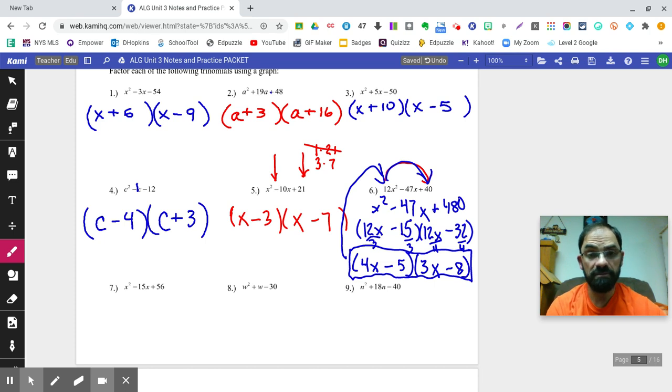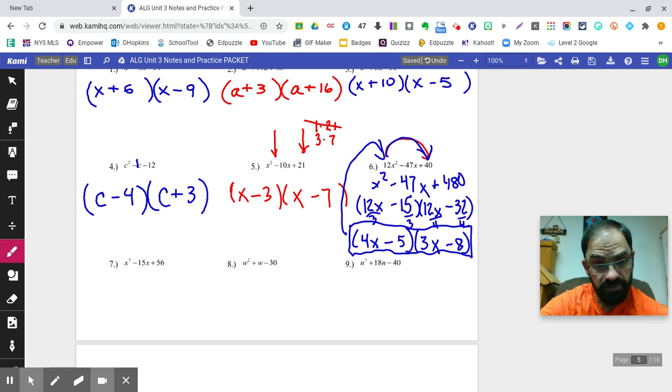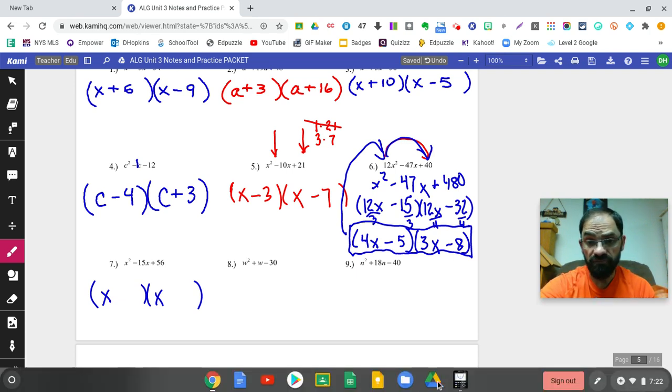Good. Number 7. Back to 3 easy ones and we're all set. Leading coefficient is 1, so I have x in the front of both parentheses. So I need factors of 56 that add to get negative 15. Once again, not all of us will know the factors of 56, so please use your calculator.